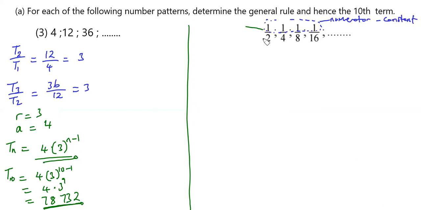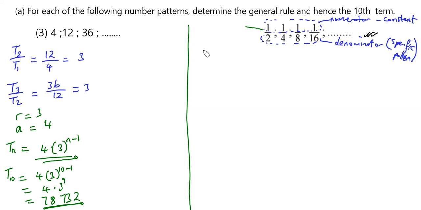We're dealing with the denominator here, because the denominator is the one that is varying and has a specific pattern. So deal with the denominator only here, but remember to keep your numerator on top whenever you write your final general term.